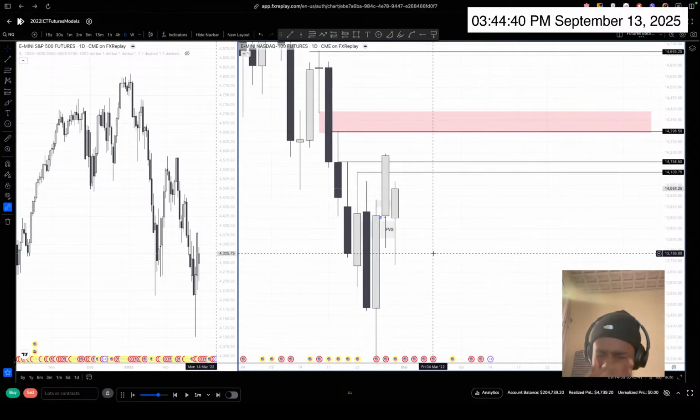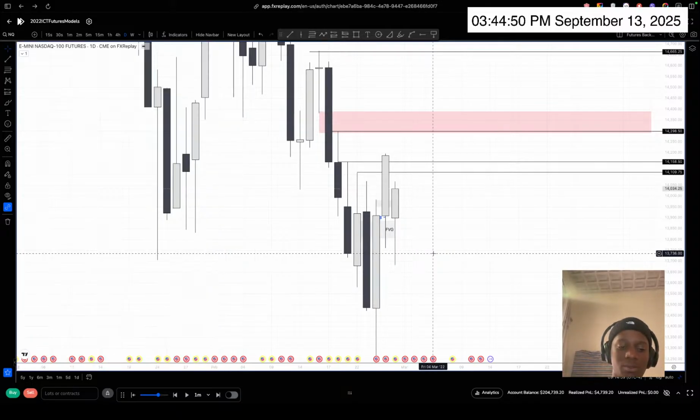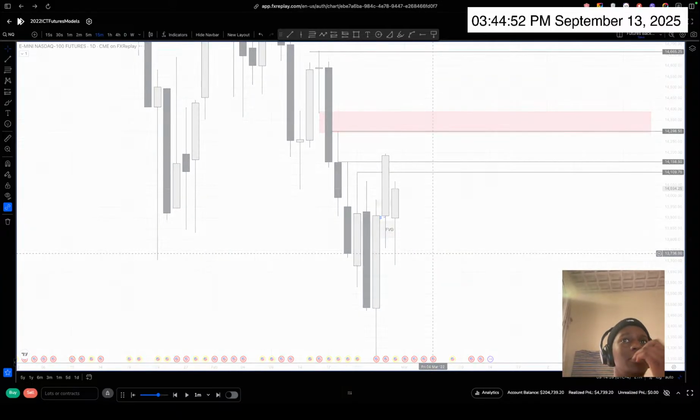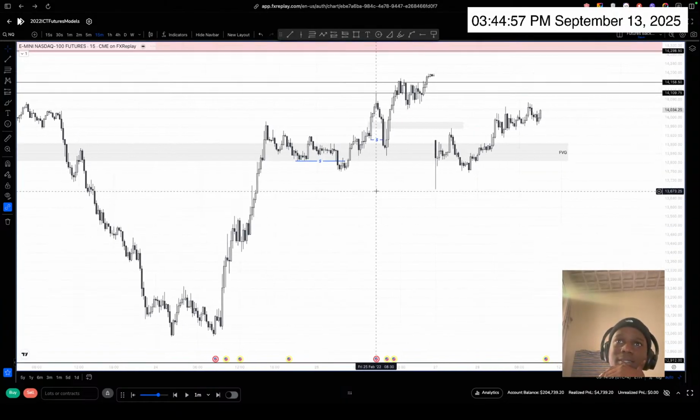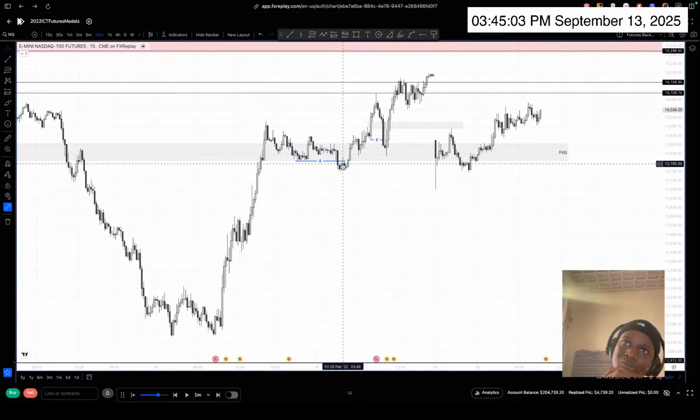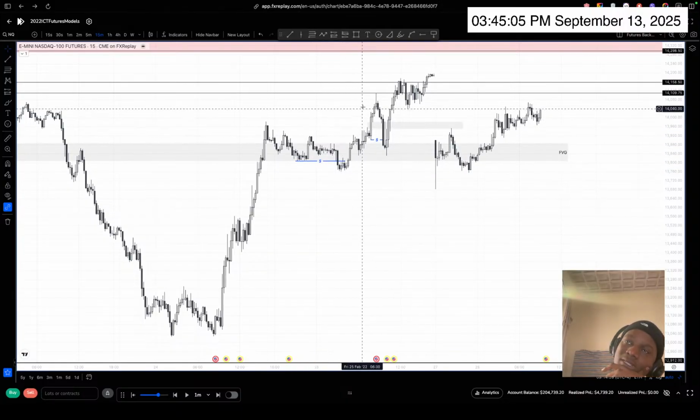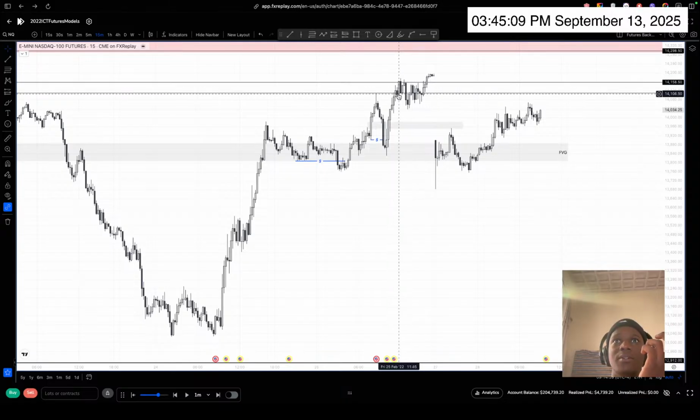Then we were stopped out, but the price went in our direction. So I'm still trying to figure out what went wrong. Probably some random market conditions. Because you see here we swept it, we drop again. So if we could have basically entered at the 1 hour, then we would have got our fill.